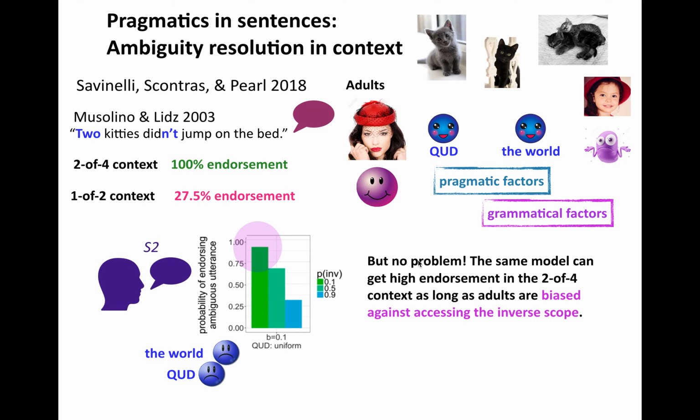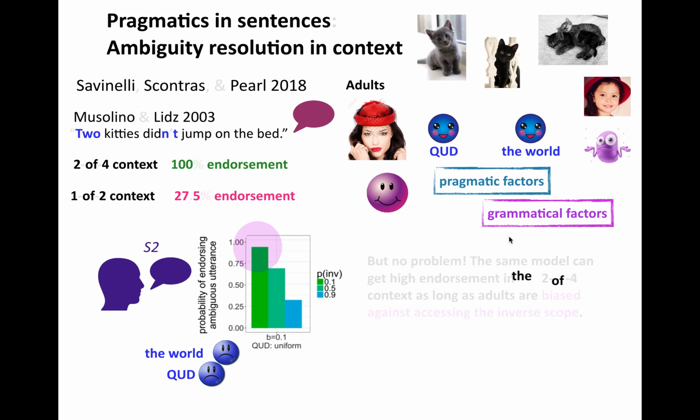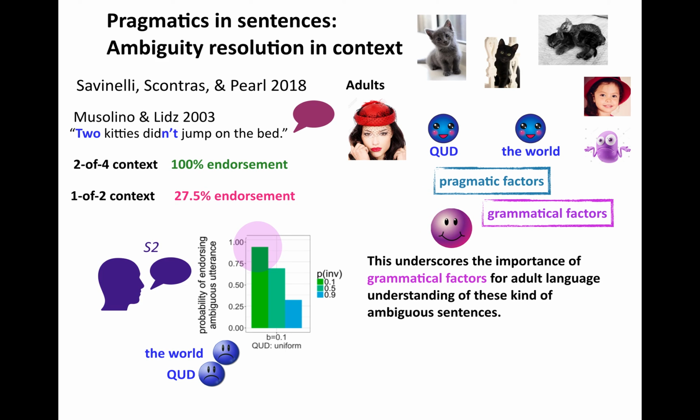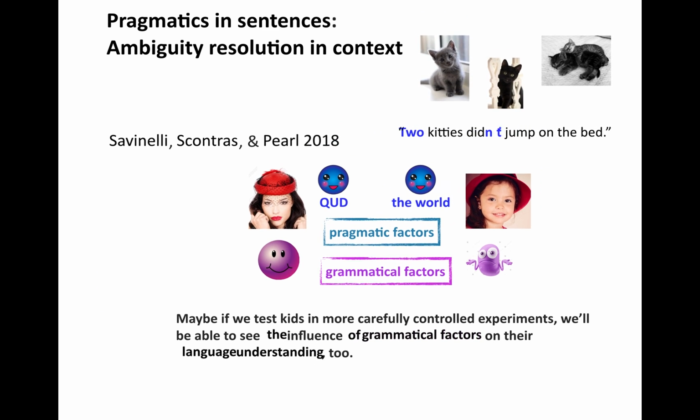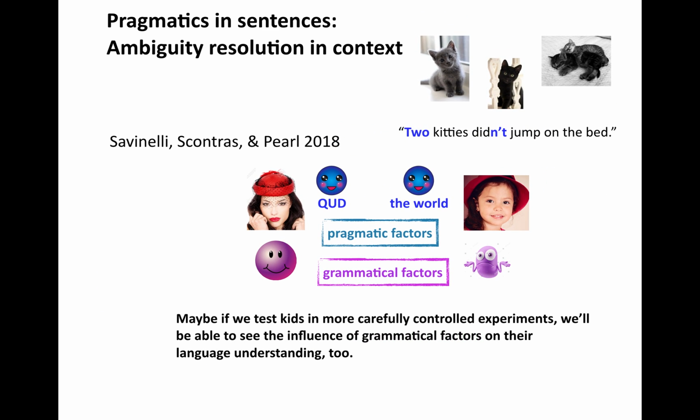So that grammatical factor really is mattering here, right? So it means the importance of grammatical factors is there for adult language understanding, right? Like it's really there in adults. We really see it in kids, but it seems to be there in adults. So maybe if we test kids in more carefully controlled experiments, we'll be able to see the influence of grammatical factors on their language understanding too, but that is work to be done.